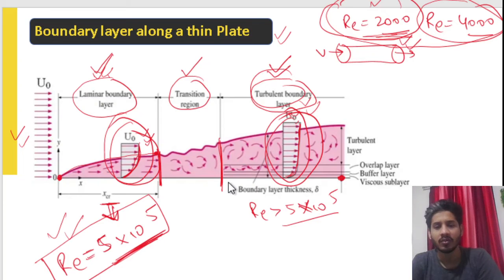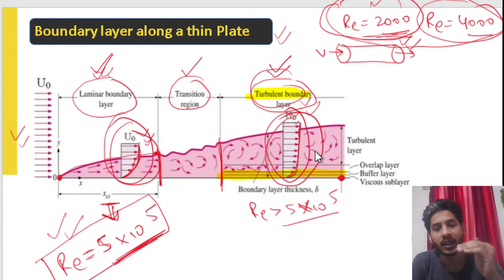Further, one more thing. There is a region within the turbulent boundary layer. This is the region. This layer is basically the laminar sublayer.